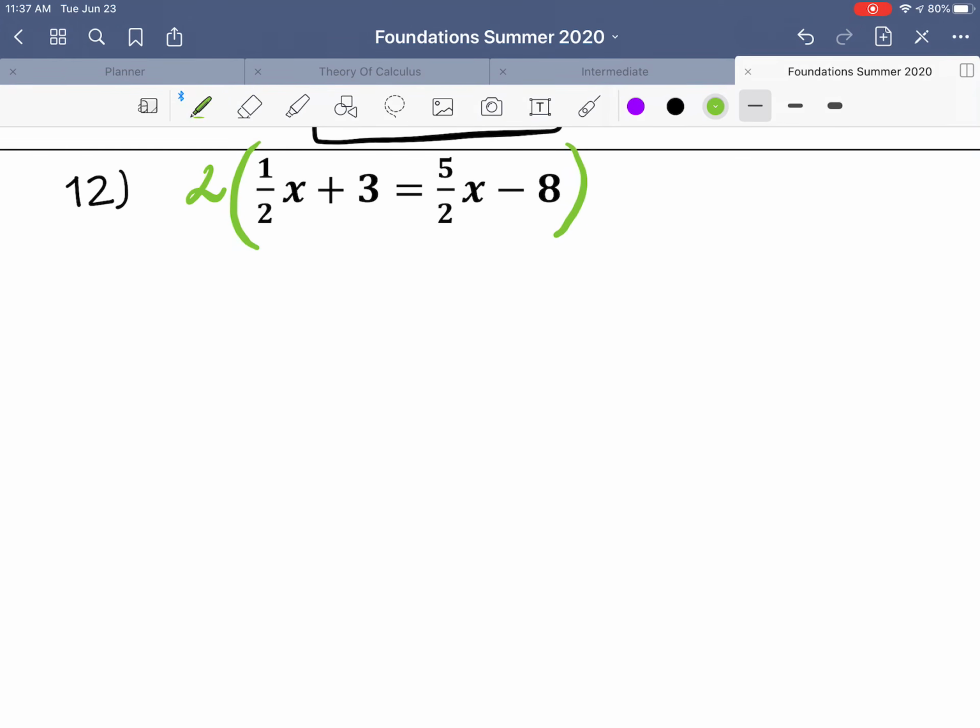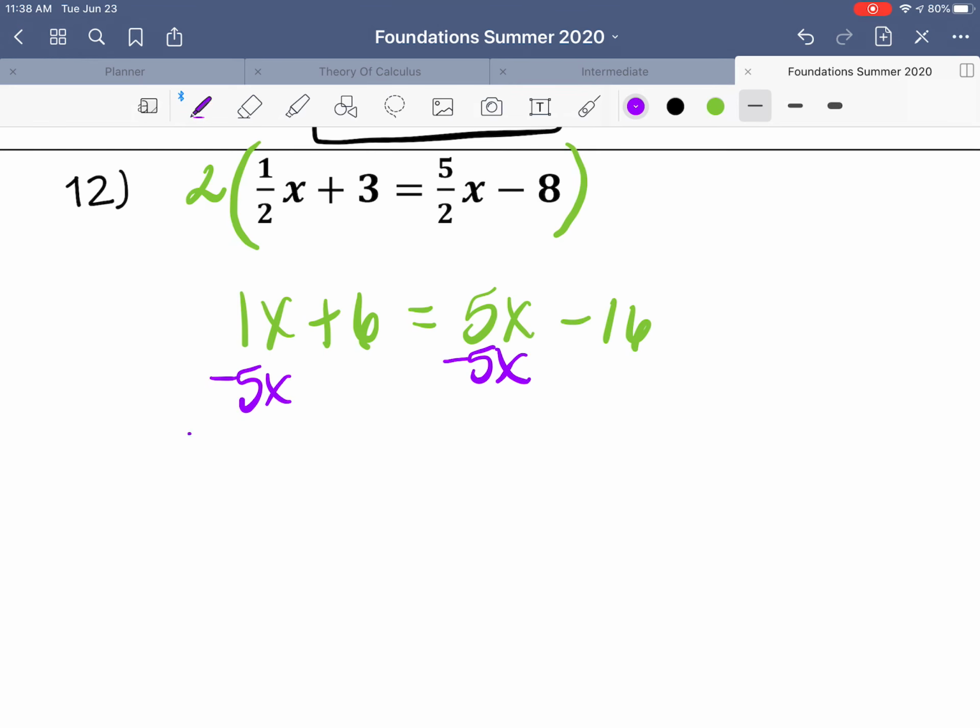Everything, even across the equal sign. So 2 times 1/2 is just 1x. 2 times 3 is just 6. 2 times 5/2 is just 5. And 2 times -8. Now I've cleared my fractions.